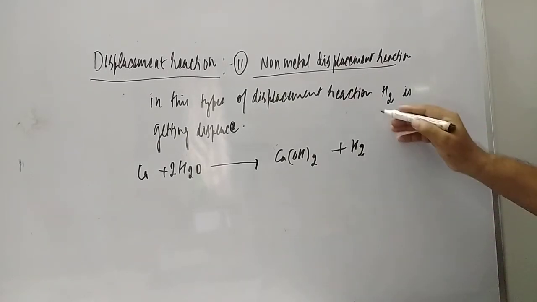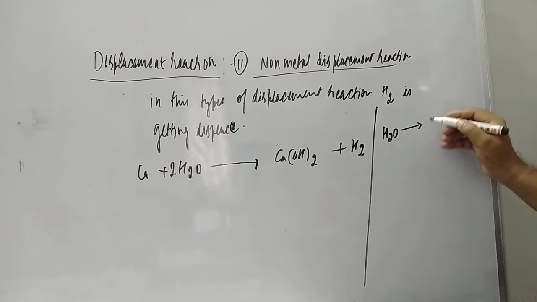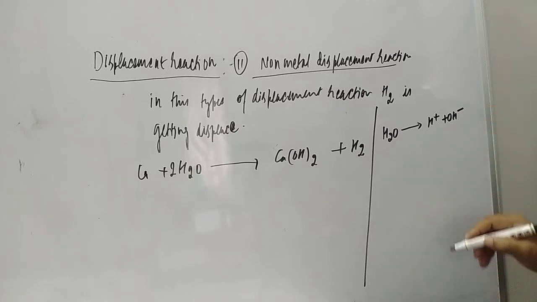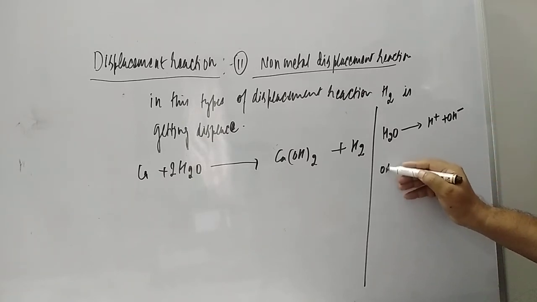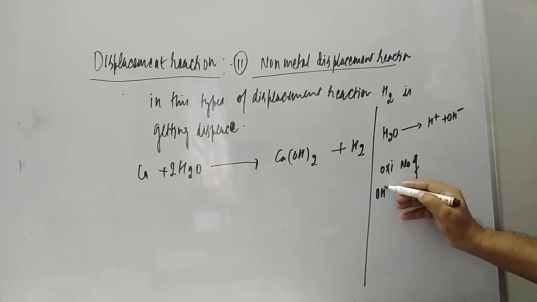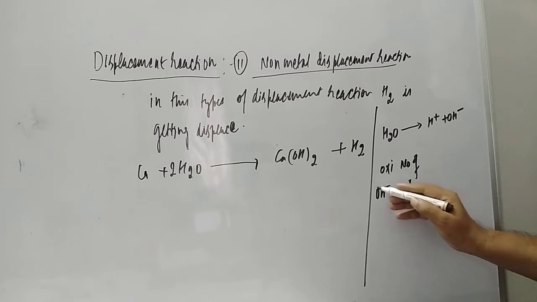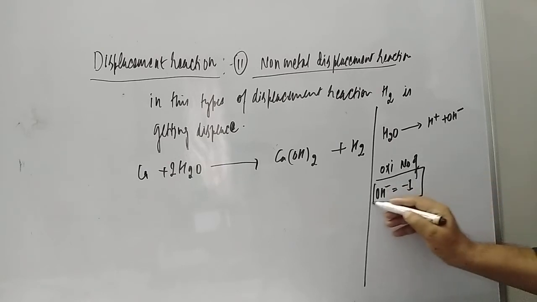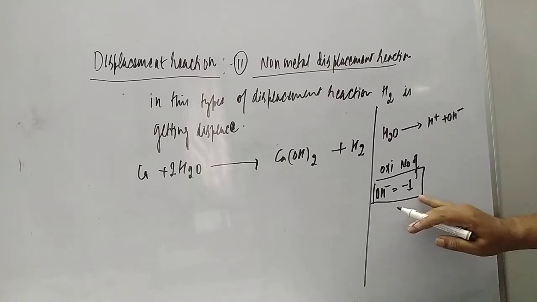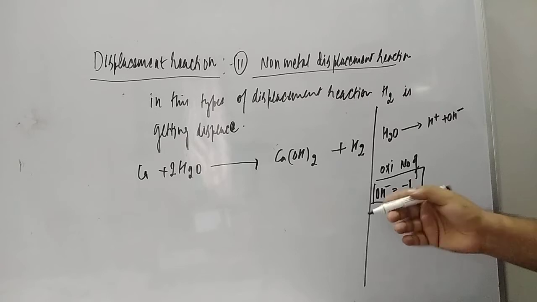Dear students, one more thing here. Try to understand: if you ionize water, H2O, it will give H+ plus OH-. The oxidation number of OH- is -1. Why -1? Because it has a -1 charge. Now students, oxygen you know already.